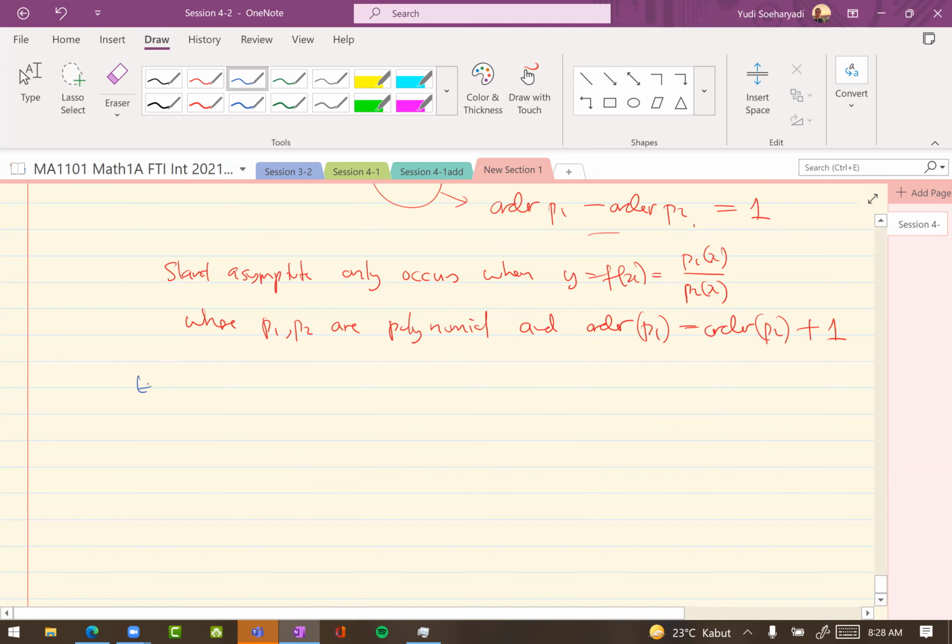All right, example. Find the slant asymptote, if it exists.